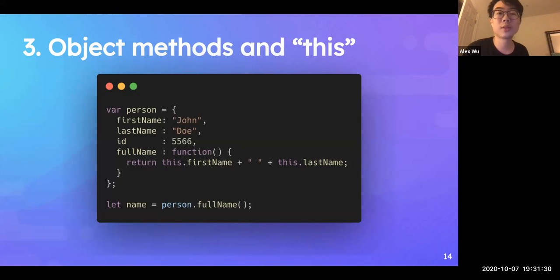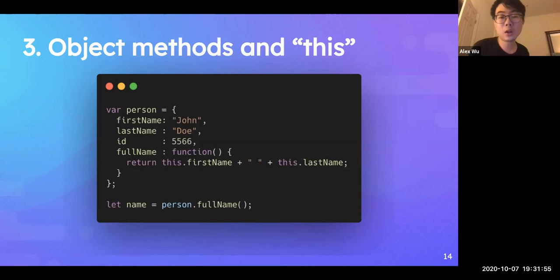So what this function is trying to do is concatenate the first name with the last name and separate them by a space, and this function will be assigned to the full name property. So the full name property becomes not the string, not the result itself, but a function.